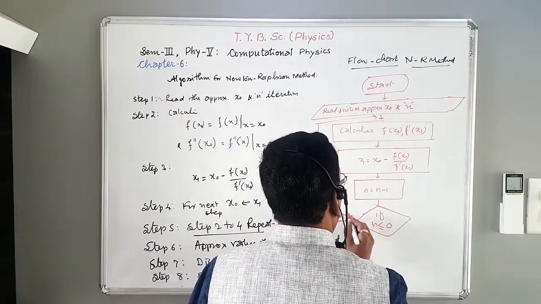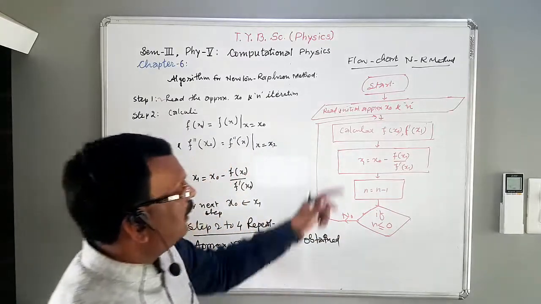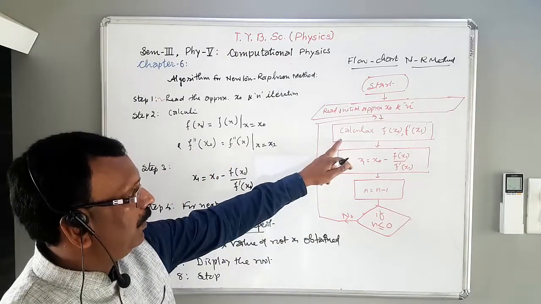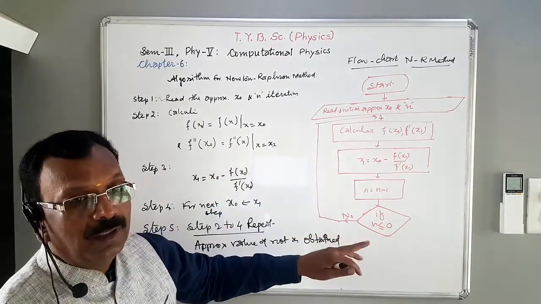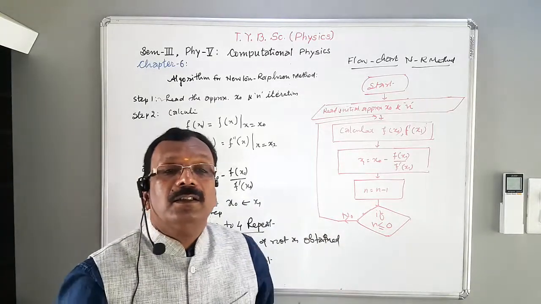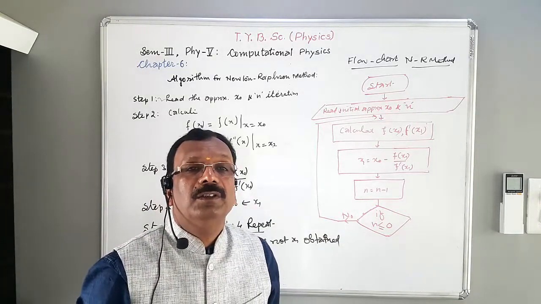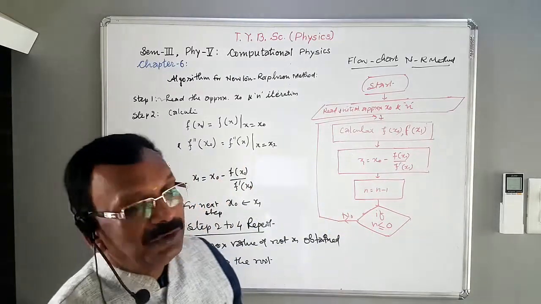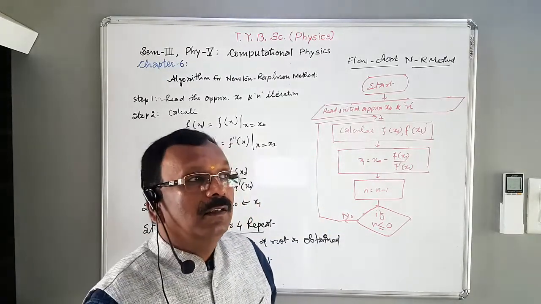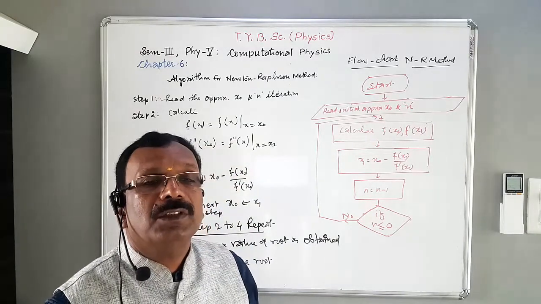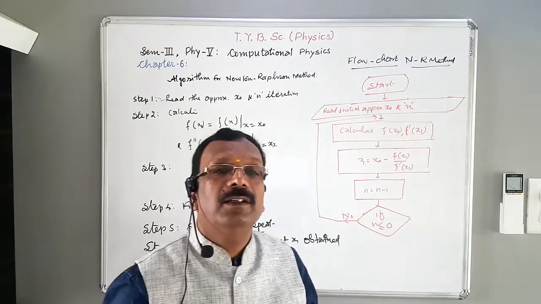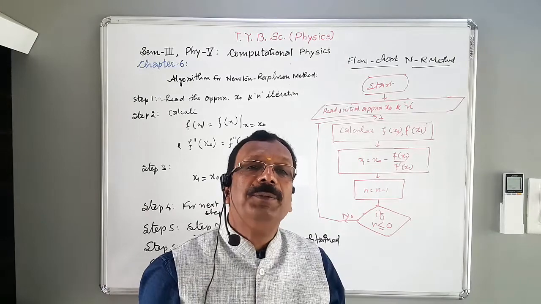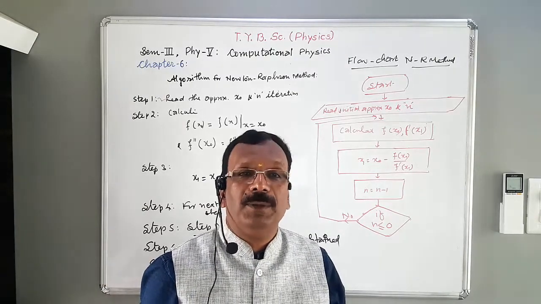If no, then repeat the procedure, steps 2, 3 and 4, until the desired root is obtained, or until the value of the root is repeated up to the significant digits after the decimal point.